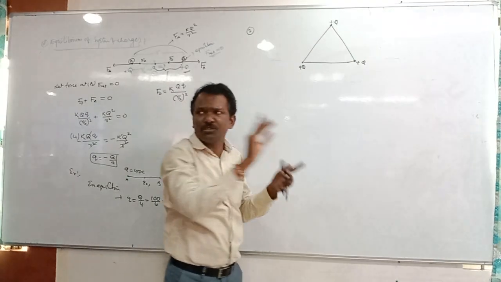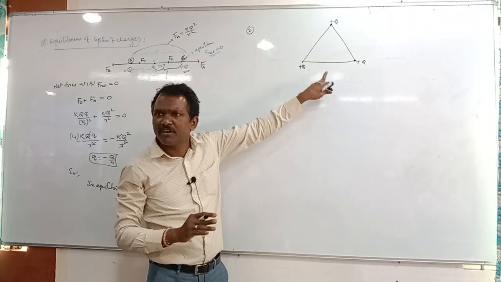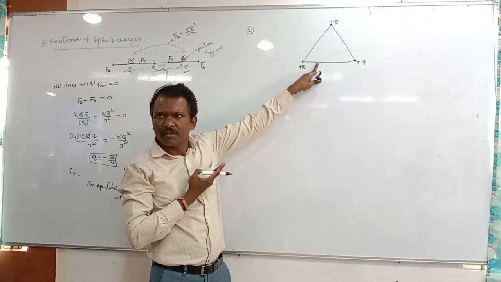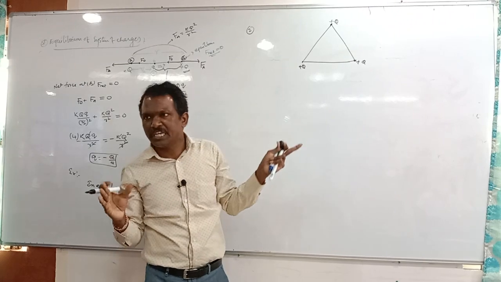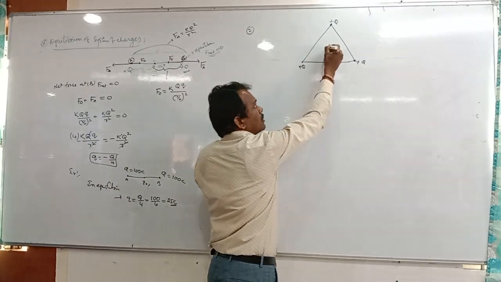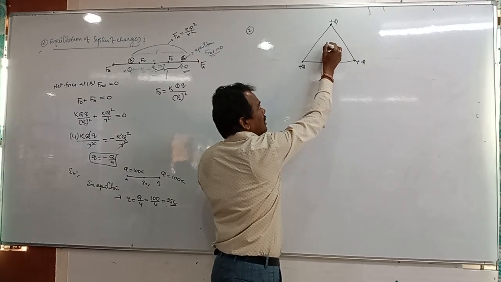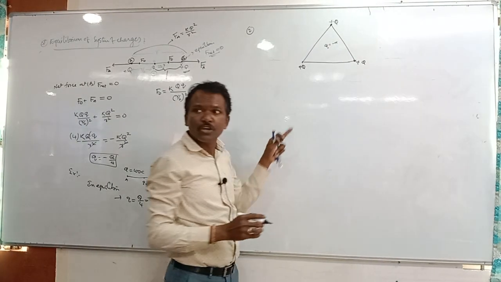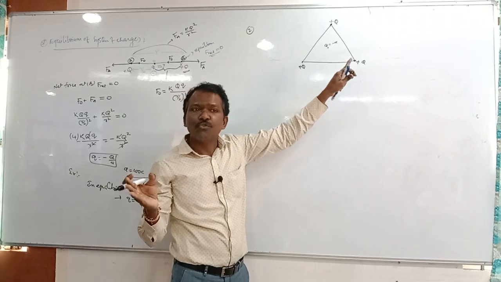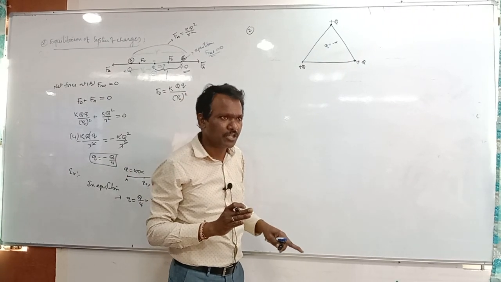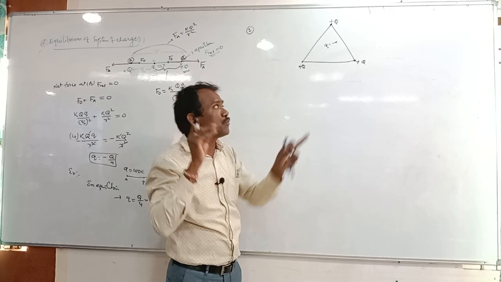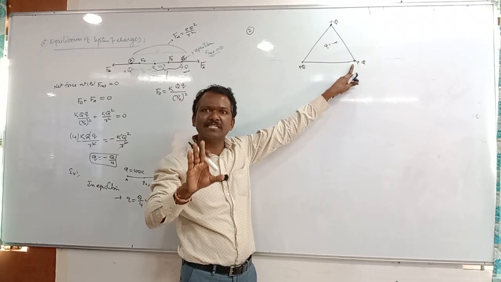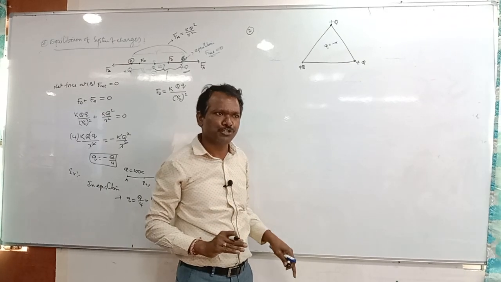See, just keep those three charges at the three corners of an equilateral triangle. Due to the repulsion, they move away from each other automatically. So just at the center, we have to keep the negative charge, right? So the force of attraction takes place against the repulsion. If that force between this q and any one of the charges balances, it is in equilibrium position.